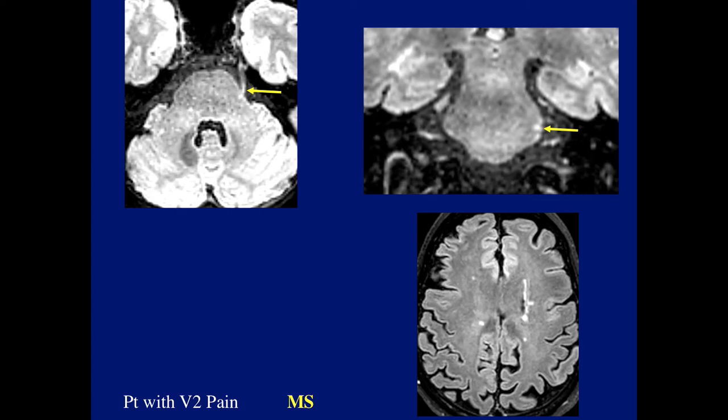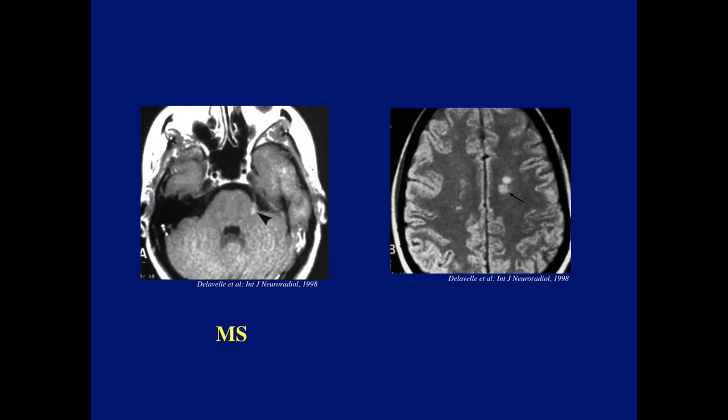This case was brought to my attention by Ash at the VA. And I guess MS is so unusual that this was also published as a case showing the involvement of the root entry zone and part of the cisternal portion, and here are the brain lesions.